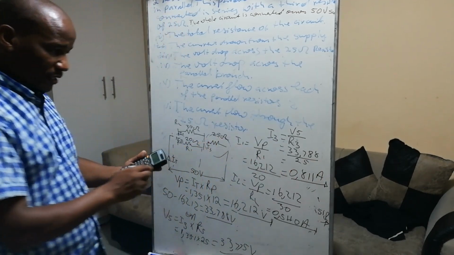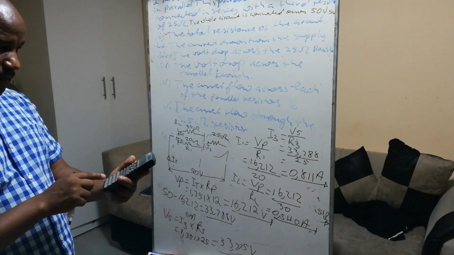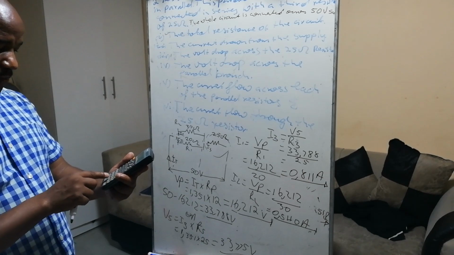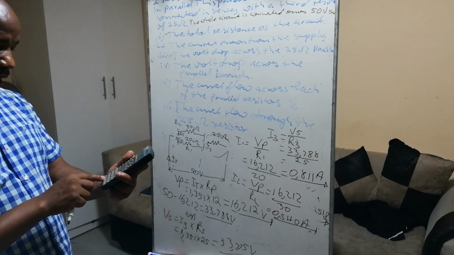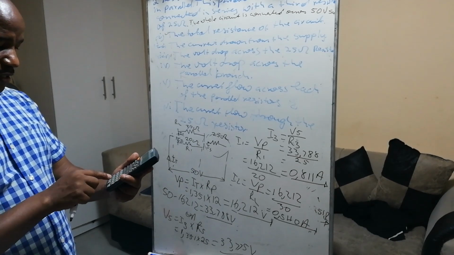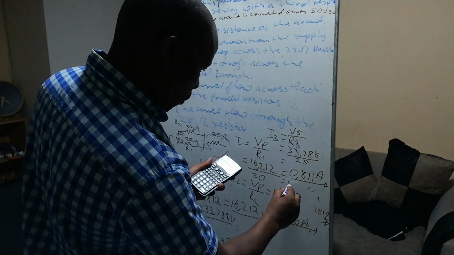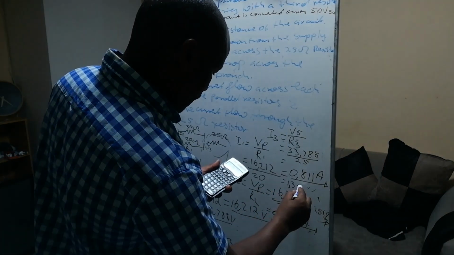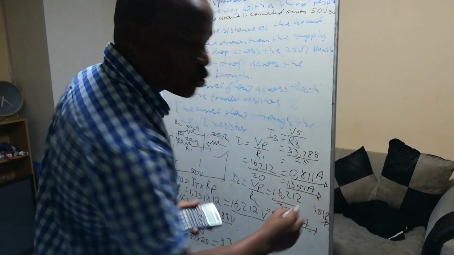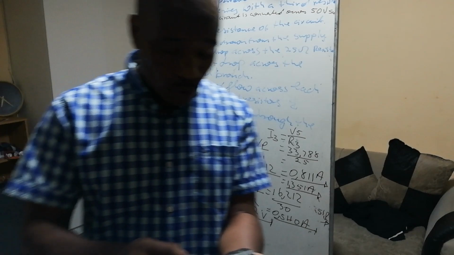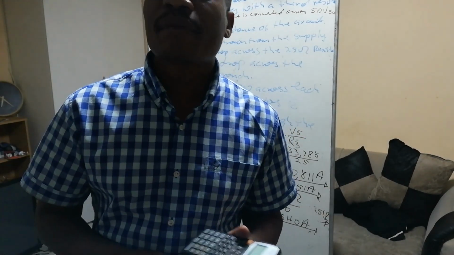33,788 divided by 25 is equal to 1,351 amps. The reason why I calculated it, I didn't want to say the current through the 25 ohm resistor is the same as the total current.